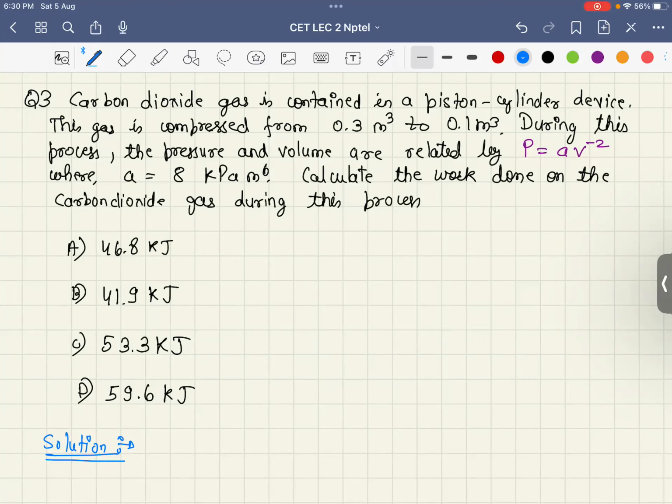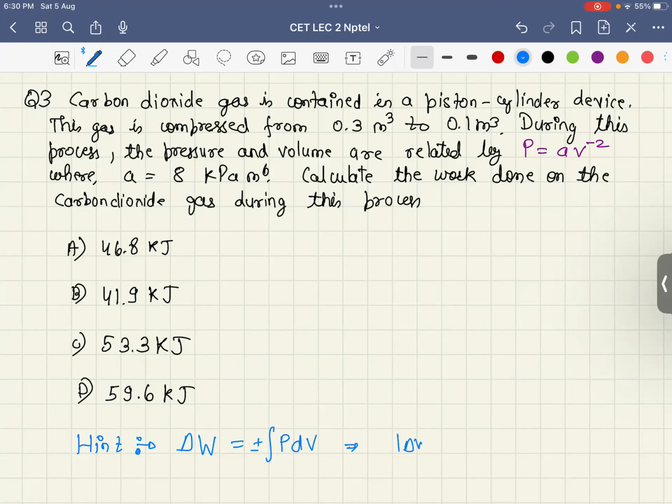Let me give you a hint. You can use the definition of work. What is the definition of work? It is nothing but integral PdV. Depending on which sign convention you use, you can write plus or minus, right?